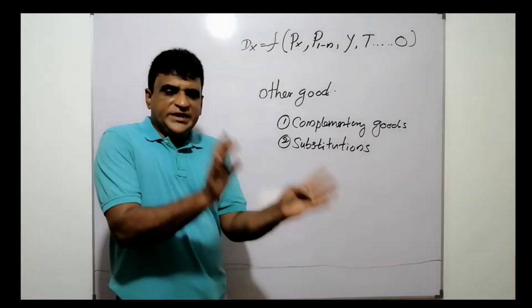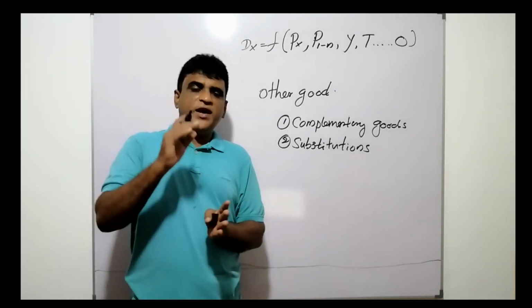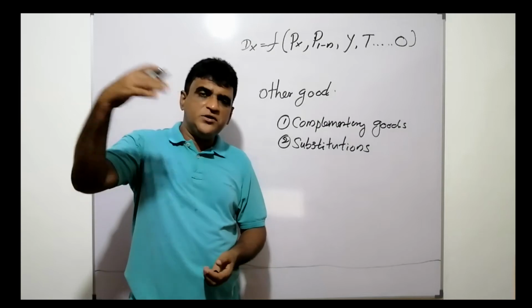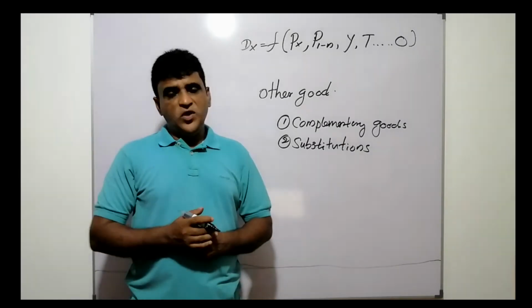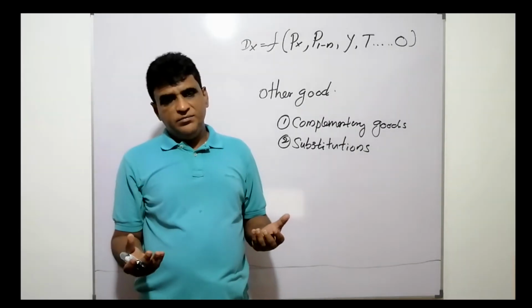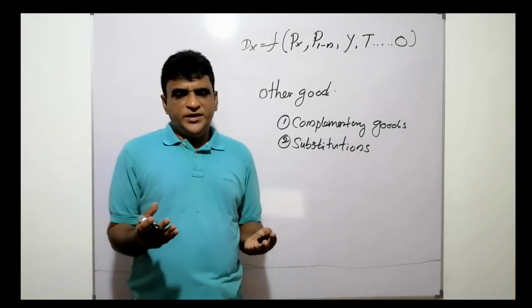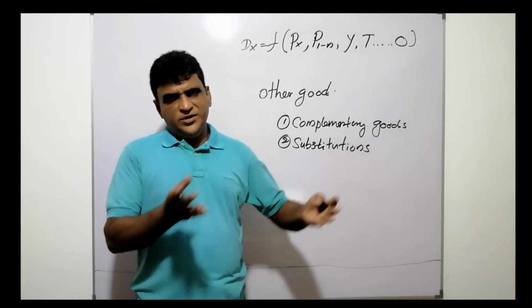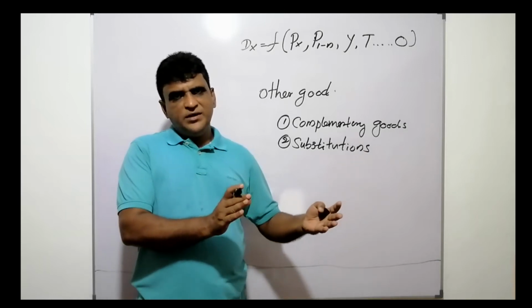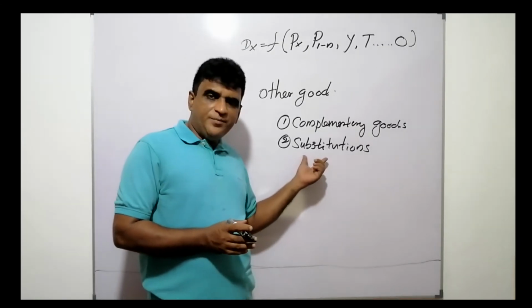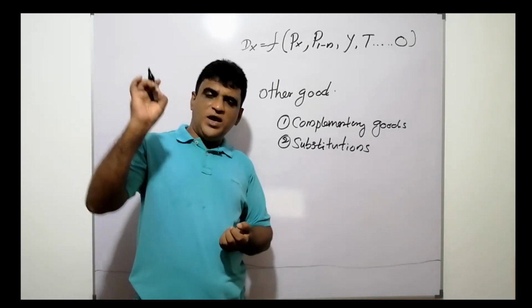Substitutes mean alternatives. Instead of rice, you can use bread. Instead of coffee, you can use tea, or instead of tea, you can use coffee. That is up to your choice, maybe your taste.